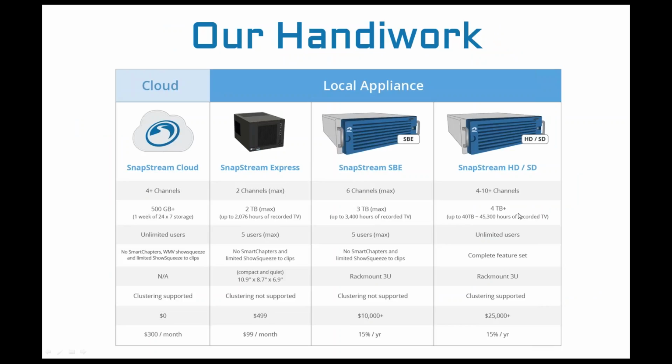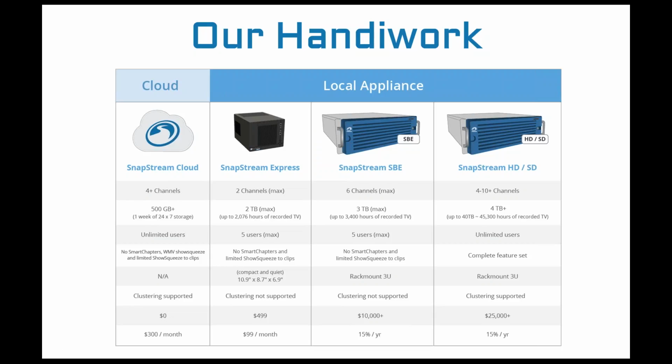We have, as I said, a handful of different options when it comes to hardware, as well as our SnapStream Cloud, with pricing that will work for everybody. Our intro system, the SnapStream Express, starts at $4.99 for the hardware and $99 a month, and there's no contract fee. There's no set contract length for that monthly fee, so you can start and stop as you so choose.